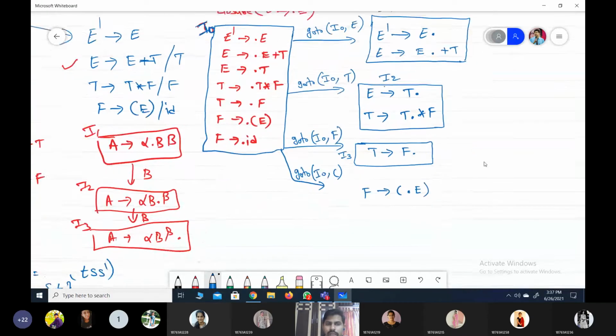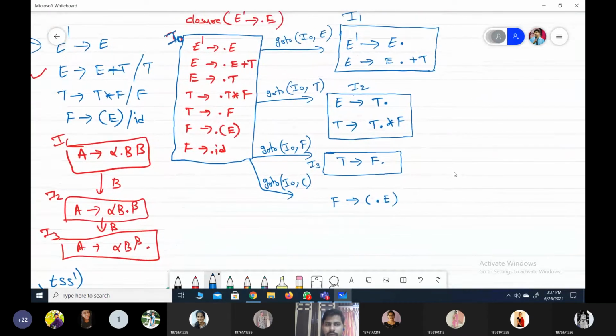What are the E replaceable productions in the augmented grammar? That is nothing but E tends to dot E plus T, and E tends to dot T. These are the two productions that I observed from the augmented grammar. Yes or no?